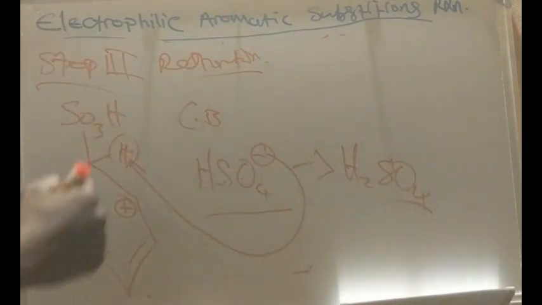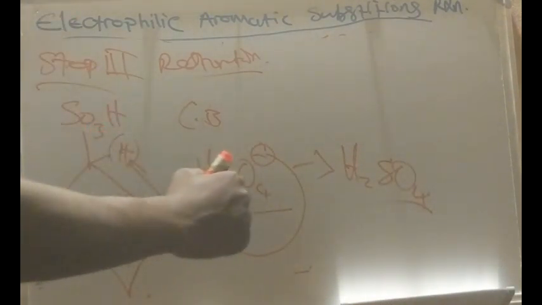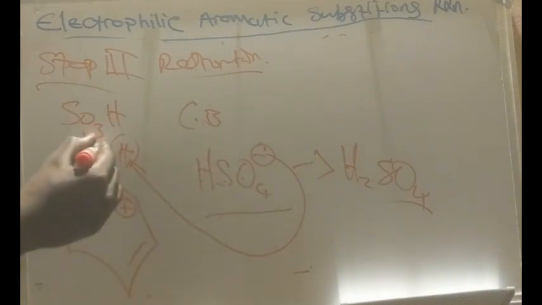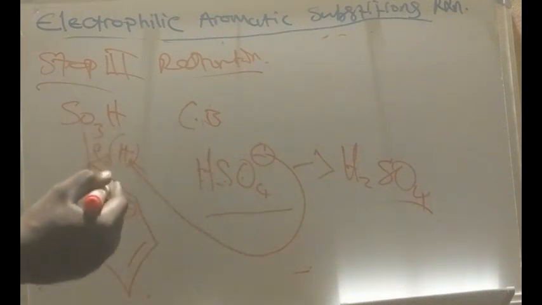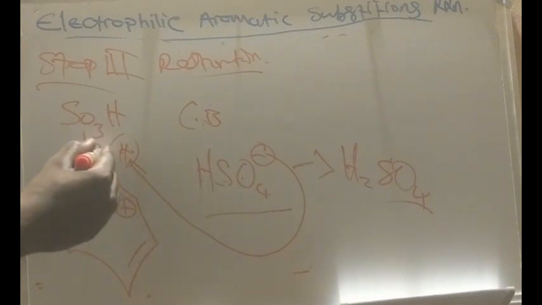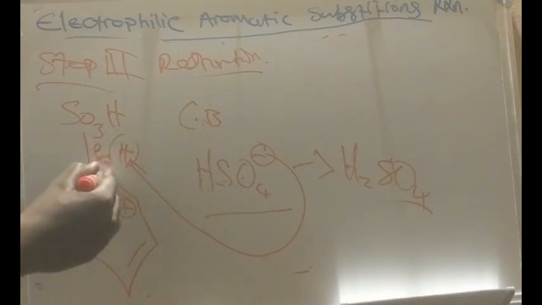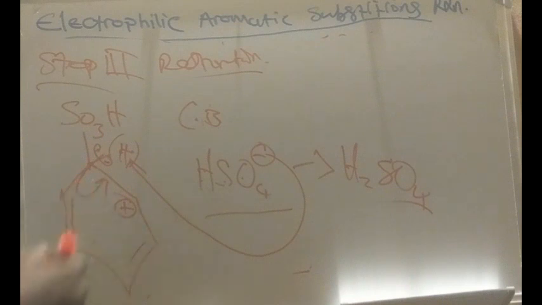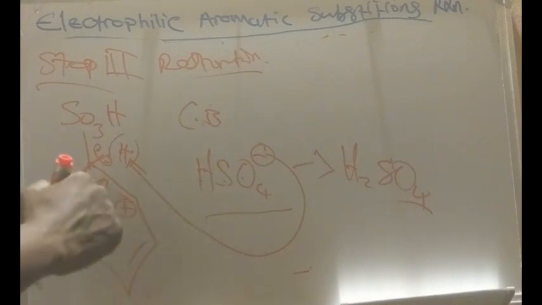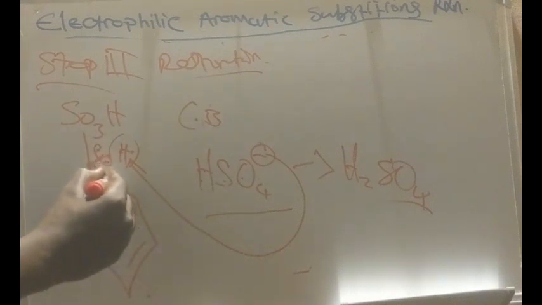And after hydrogen reacts with the conjugate base, we realize that the bond between hydrogen and the carbon of the ring will be broken, and the electrons of this bond will be used to stabilize the positive charge in the ring. So this bonding will result in a newly formed pi bond within the ring.